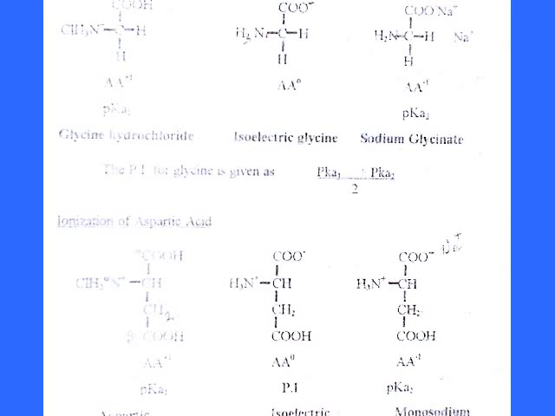Properties: solubility. Amino acids exhibit a wide range of solubilities. Proline, for example, is soluble to the extent of 162 grams in 100 grams of water at 25 degrees Celsius, whereas cysteine is soluble only to the extent of 0.011 grams in 100 grams of water at 25 degrees.